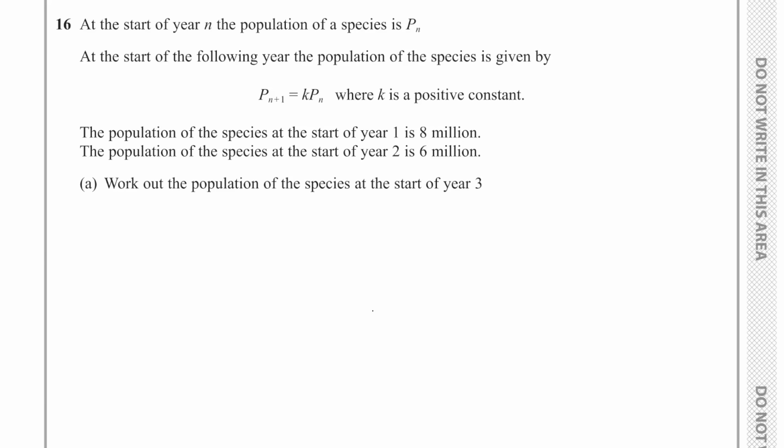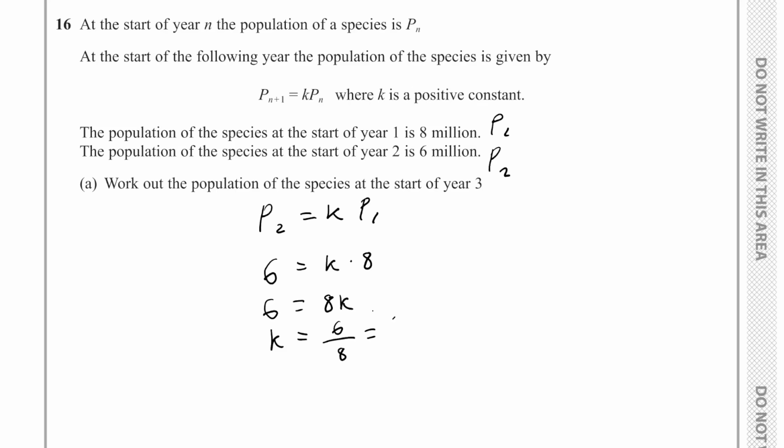So P2 is K times P1. P1 is 8 million and P2 is 6 million. So 6 equals K times 8. 6 equals 8K. So K is 6/8 or 3/4 or 0.75.